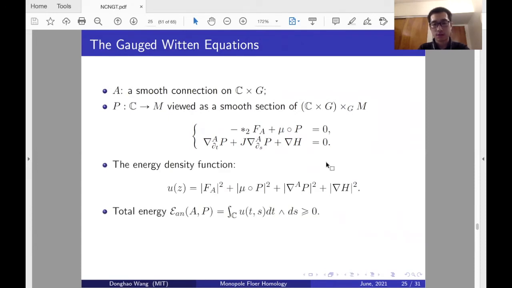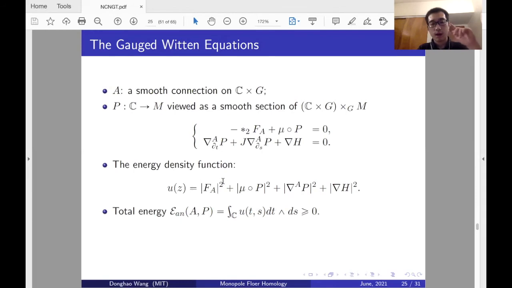The density function in this case now involves 4 different terms. Here we see the L2 of curvatures, L2 of moment maps, L2 of the covariant derivatives, and L2 of lambda h. And the total energy is defined as the integral of U over the whole space. So let's think about this. What will happen if this energy is 0?